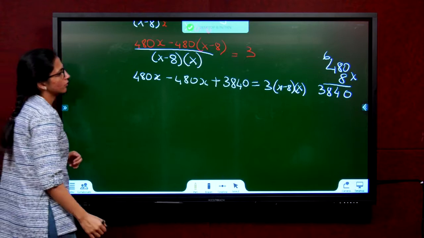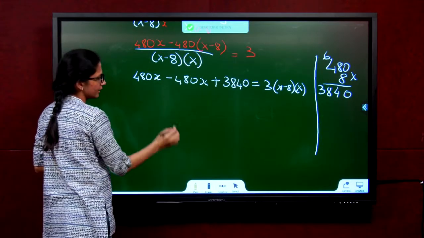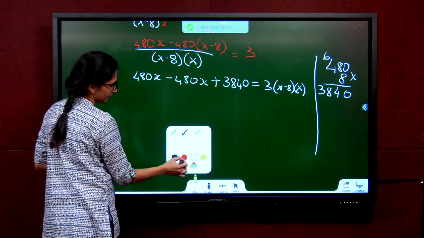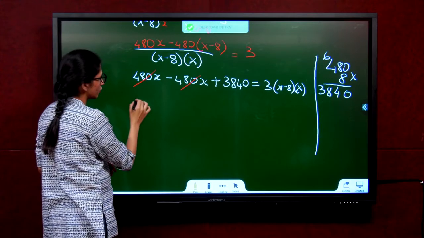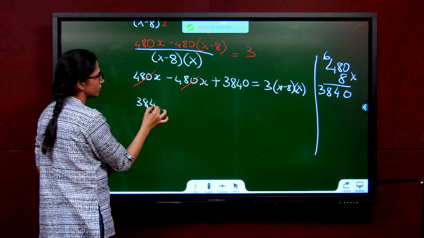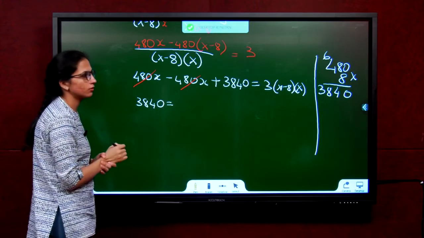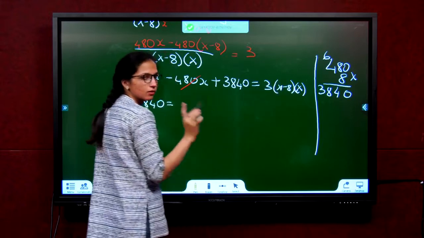What do we do now? 480x minus 480x, plus and minus cancels. So you are left with 3840 is equal to 3 into x minus 8 into x. One at a time.